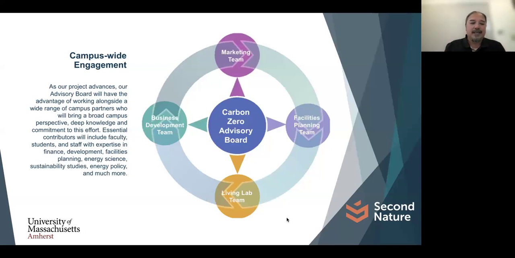So looping back to the beginning from the study, in parallel to all this work that we've accomplished up to this point, we've maintained this open dialogue with our campus stakeholders via this Carbon Zero Advisory Board and creating this campus-wide engagement.